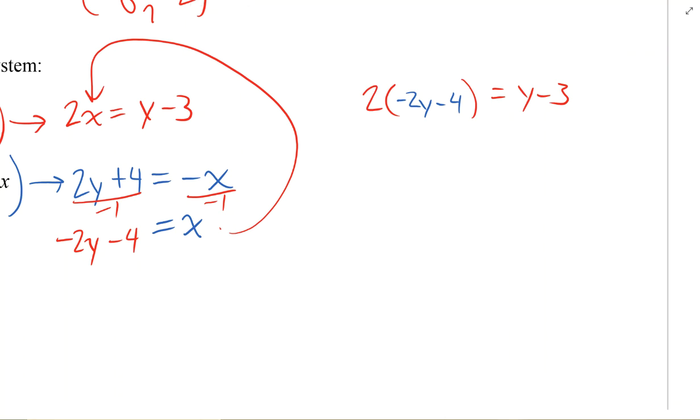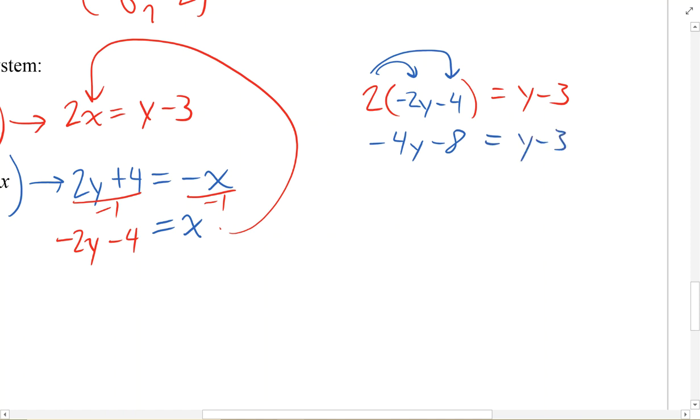Well, the next step is to multiply in. So you multiply the 2 inside your brackets using the distributive law. So negative 4y minus 8 equals y minus 3. And then you can choose what you want to do here. I'll move the 8 over. So negative 4y equals y plus 5. And then I'll move my y over.